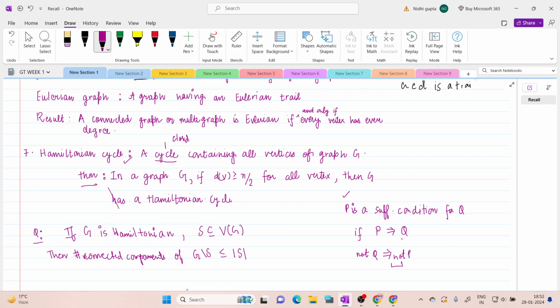If we are removing one vertex, then the number of connected components should be less than or equal to 1, which means the graph should be connected. And if we are removing k vertices, then the number of connected components should be less than or equal to k, if G is Hamiltonian. So does everyone understand the necessary condition?